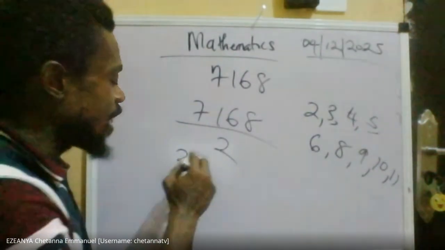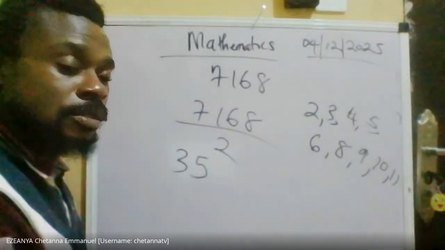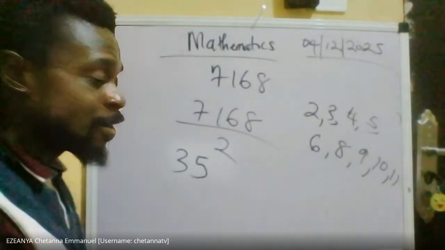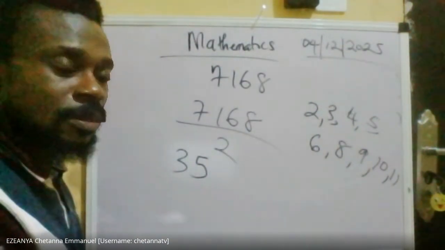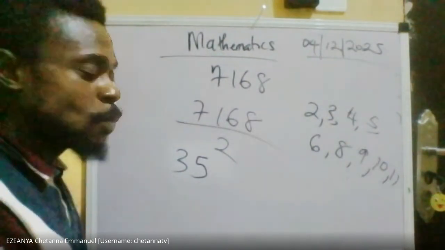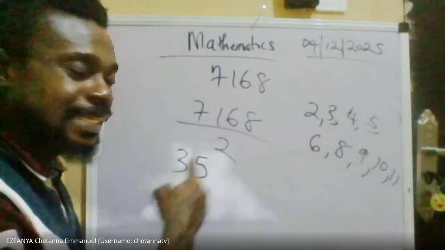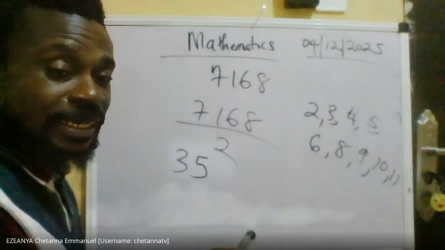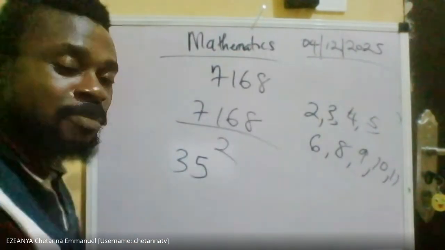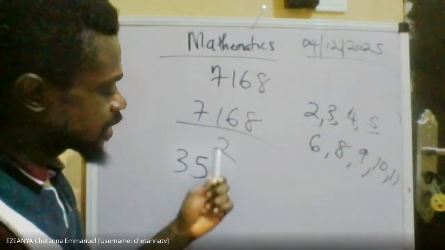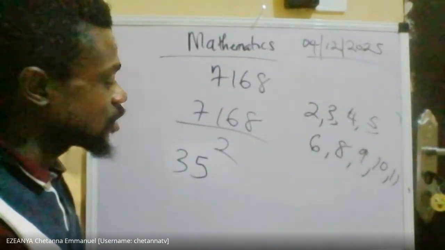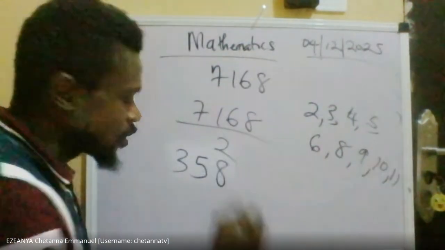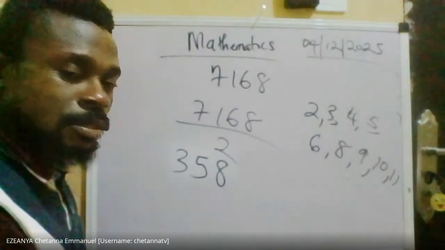So we have 5. Remember what? 11 minus 10 is 1. Remember 1. You multiply that remainder by the base you're working on, which is 10. 1 times 10 is 10. You add it to this 6: 10 plus 6 is 16. 16 divided by 2 is 8, remainder 0.